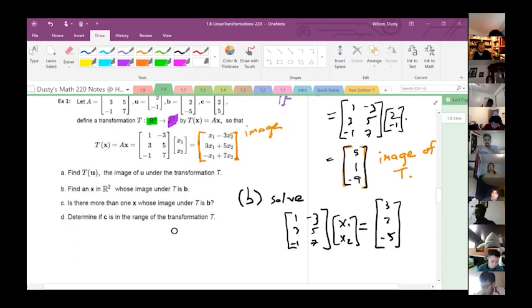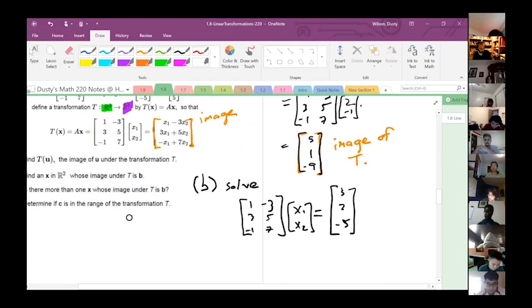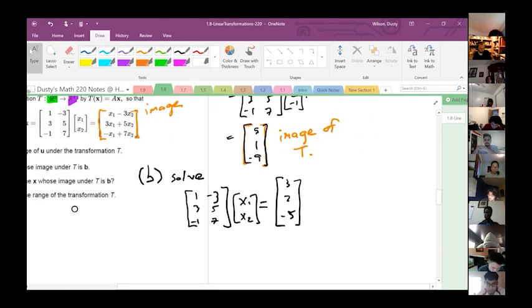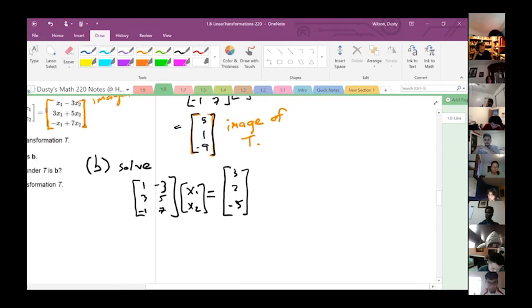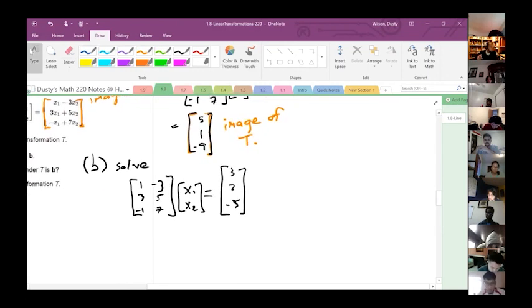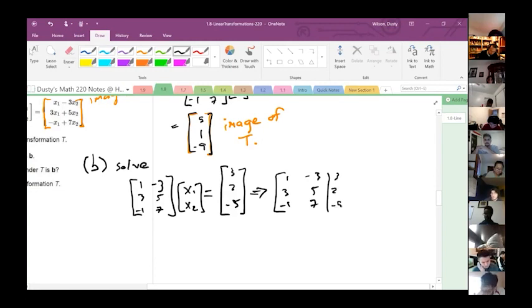What tool do we want to use to solve a matrix equation? Yeah, from Evan, we want to use an augmented matrix. So we have 1, -3, 3, 5, -1, 7, augmented with 3, 2, -5.